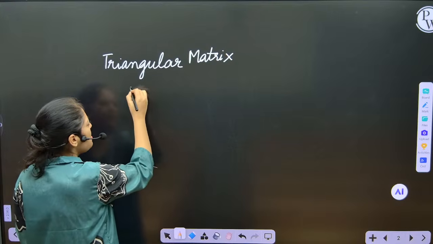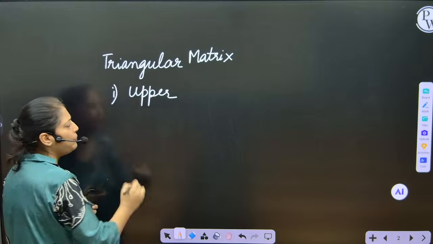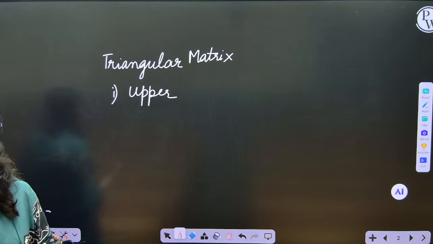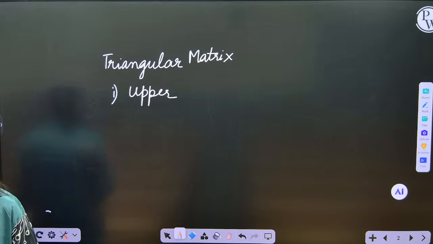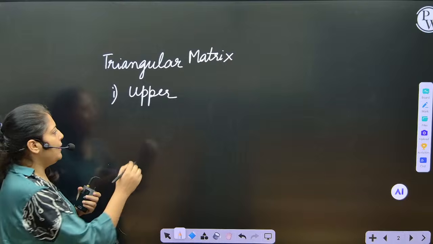As the name is depicting itself, suppose I am talking about upper triangular, it means upper numbers will be there.